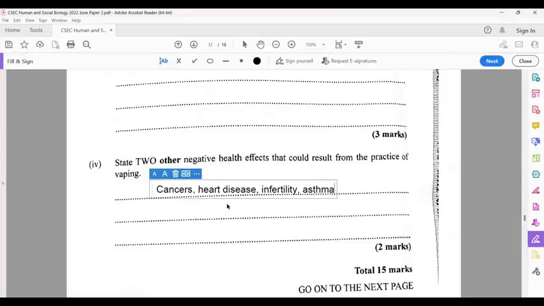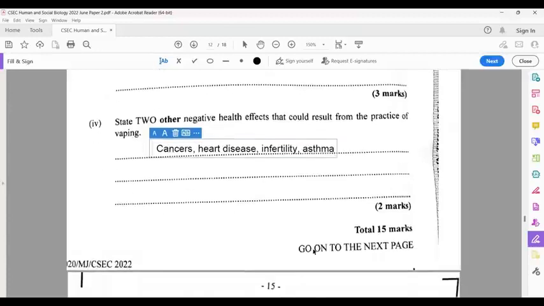Heart disease, infertility, even something as simple as asthma can be caused, amplified by vaping. And that would be 15 marks for this fourth question.